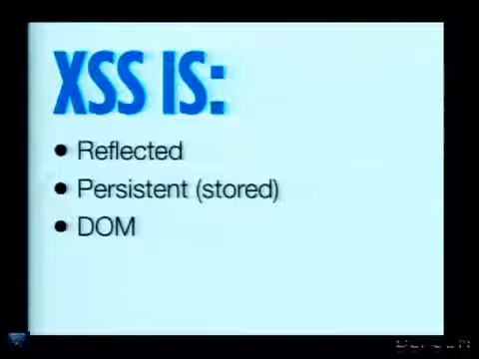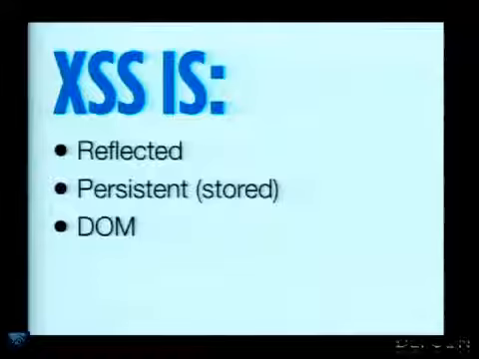With reflected, part of your query parameter is reflected back into the HTML and rendered in your browser. The client's sending it, the document's getting manipulated and sent back and rendered. Persistent, that payload is getting stored somewhere, then rendered back to the client at a future point in time.